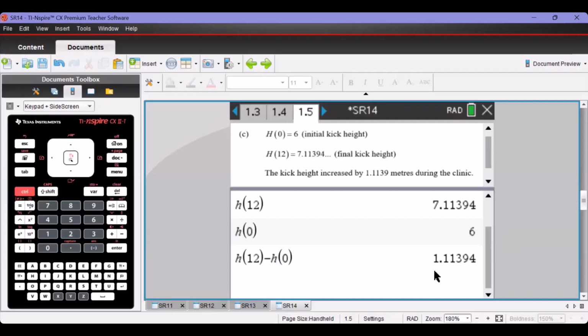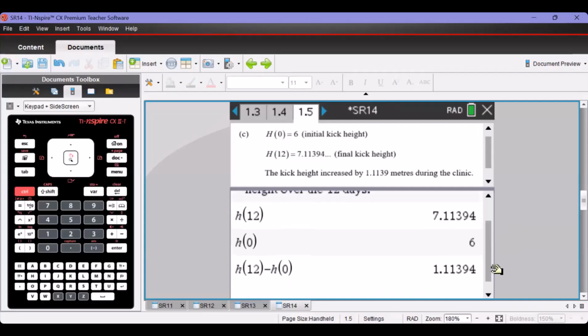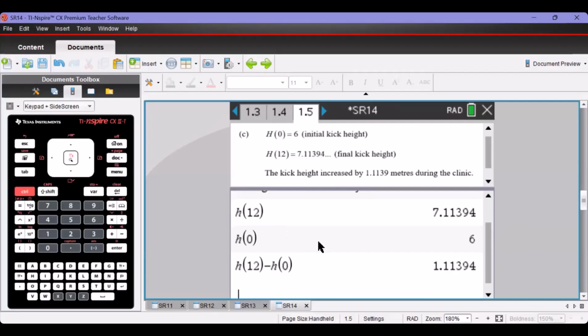So just enter those with TI-nspire, and then note your solution down like I've done here to part C, and that should give you the opportunity to obtain the 2 marks on offer. So the kick height increased by 1.1139 meters during the clinic.